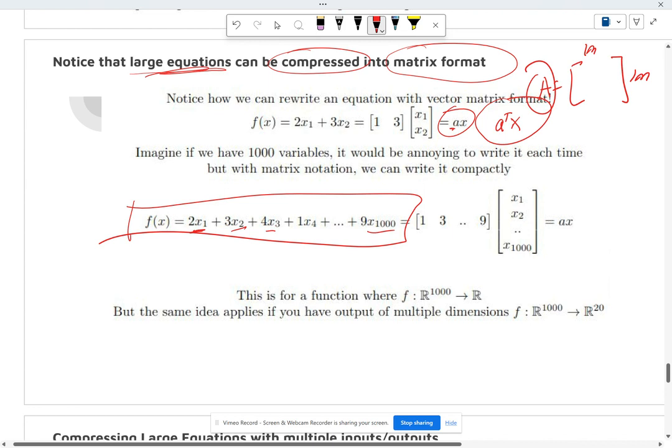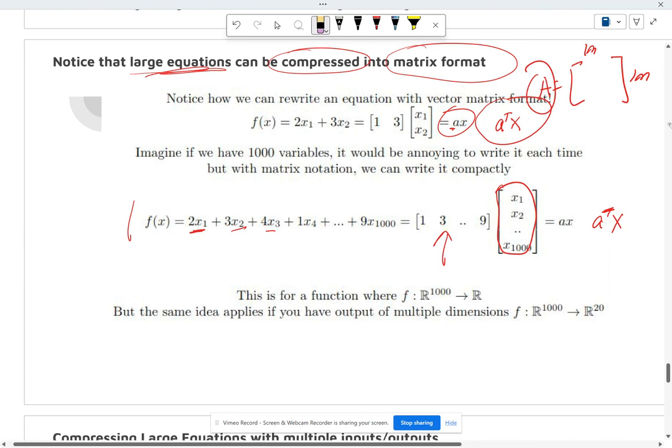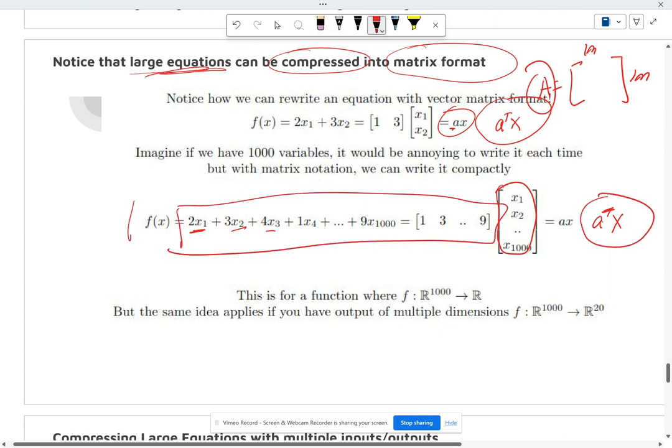What you want to do is represent it with this vector times this vector. And now you can call this vector A or A transpose. Actually, A transpose would be more accurate, times X. So you can write this giant thing or you can write this tiny thing.